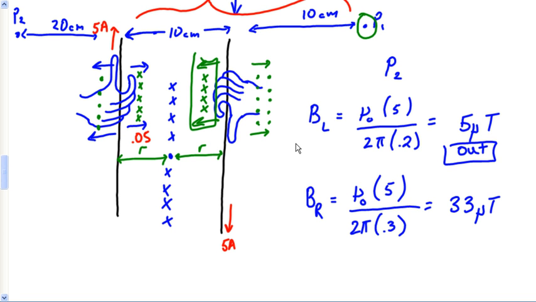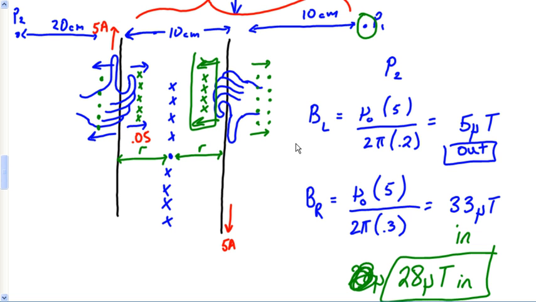Anything to the left of the right wire is going in to the page. So when we look at this problem, the difference is 28 microteslas. Actually, that's not very good math. Yes, it is. 28 microteslas in to the page. And that is how you work this problem.